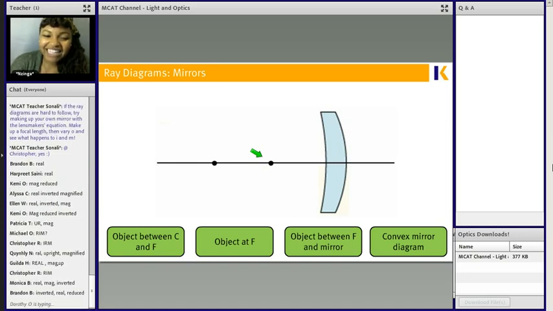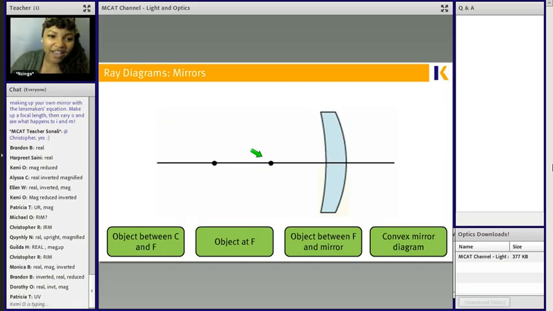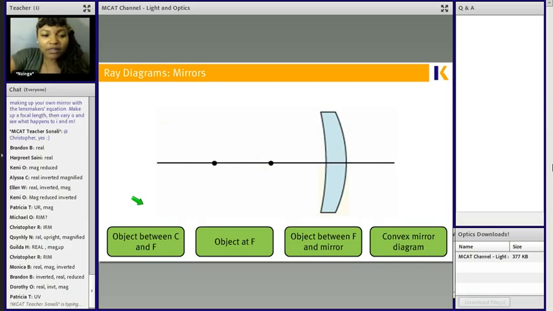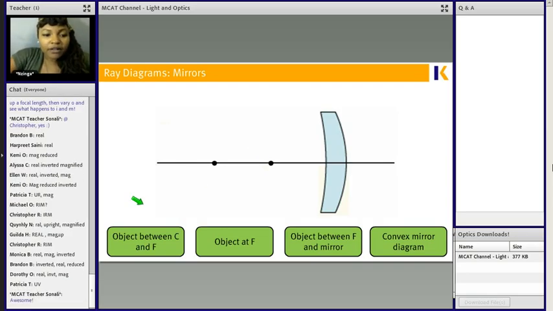Yeah, I like that. We said RIM, okay? So we know it's going to be real, inverted, and magnified. Excellent job. So memorize, memorize, memorize: real, inverted, and magnified.